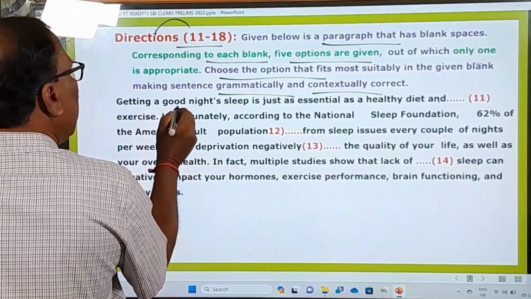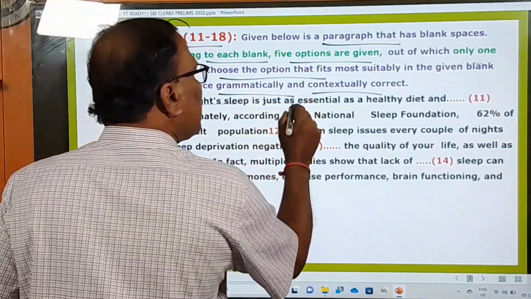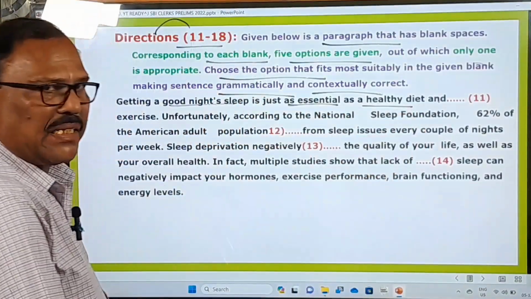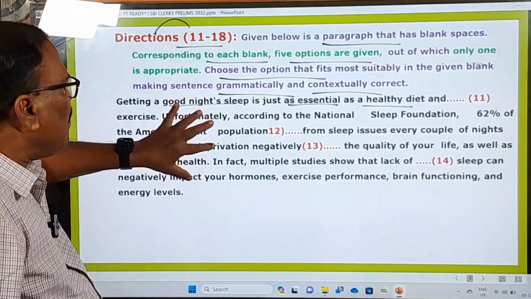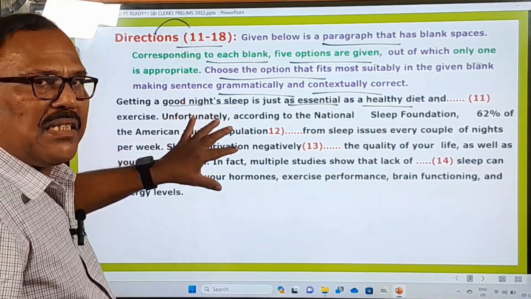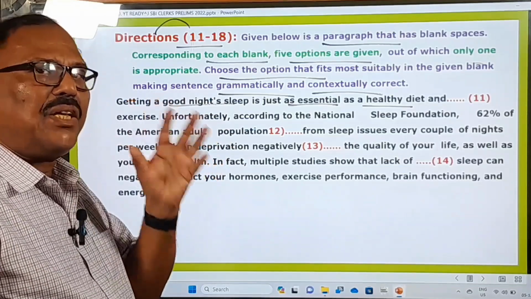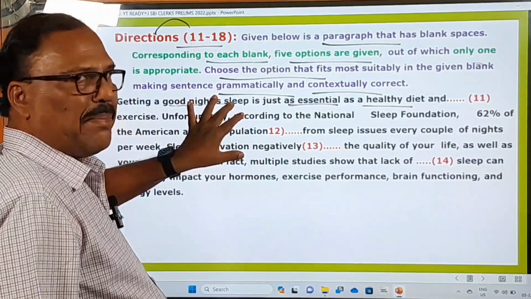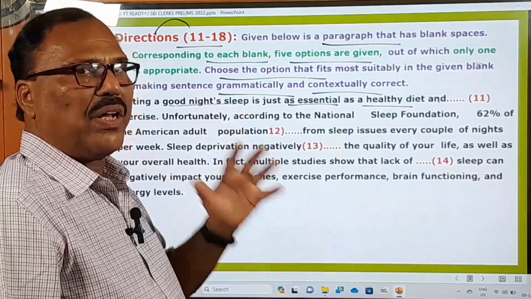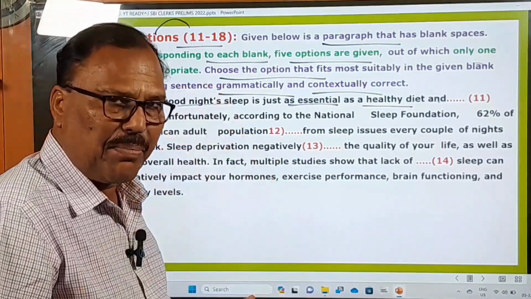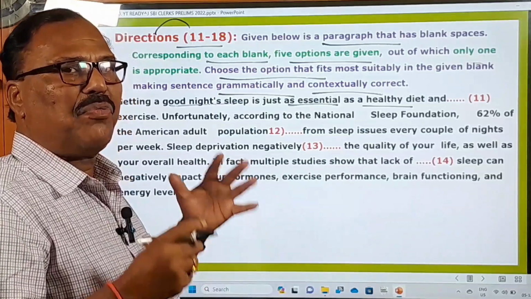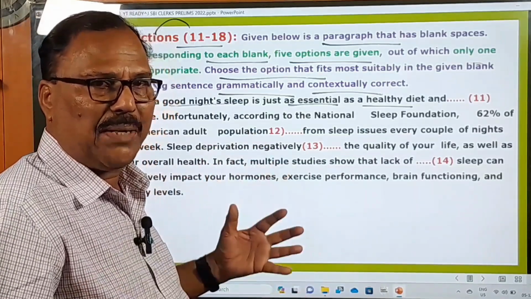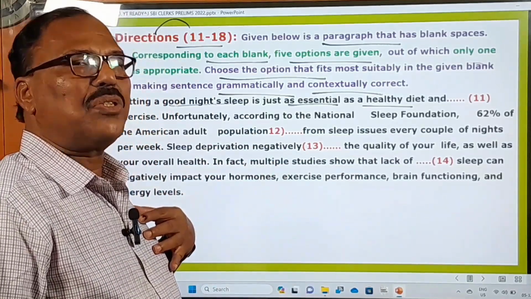Getting a good night's sleep is just as essential as a healthy diet. Here the passage writer is telling you something very important about good sleep. That means every night one should have adequate sleep. If we don't have enough good sleep, we have to undergo so many problems.